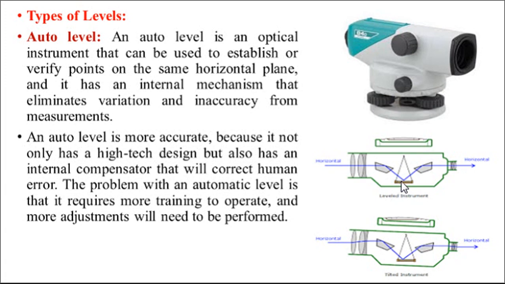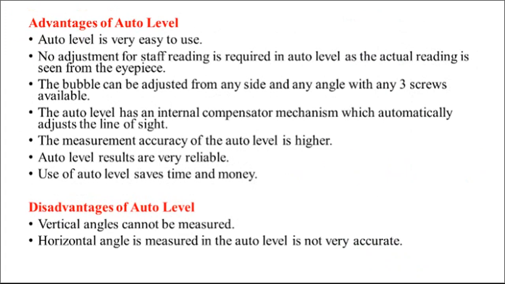It is horizontal in this position, and in the second figure it is slightly tilted to adjust the position of the line of collimation. So by this tilt compensator, if there is a small problem in the leveling of the auto level, that can be compensated.